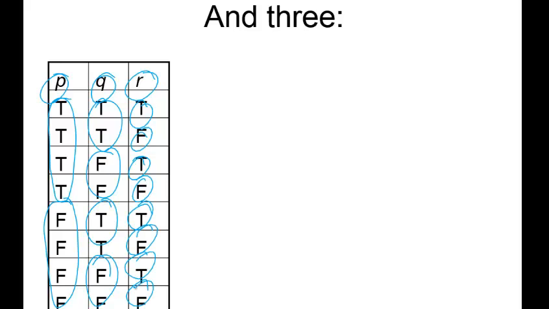Notice, for the third declarative sentence, R, we're just alternating true, false, true, false. By setting it up this way, under P you've got 4 T's, 4 F's, then 2 T's, 2 F's, then 1 T, 1 F, and you can be pretty sure that you've caught all of the possible ways that they can be true and false together.